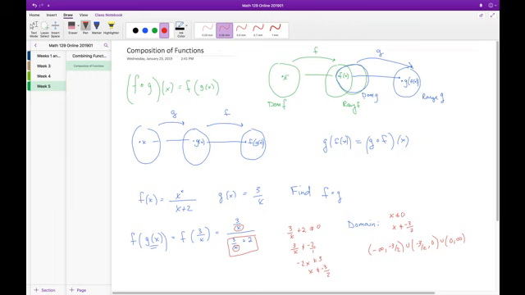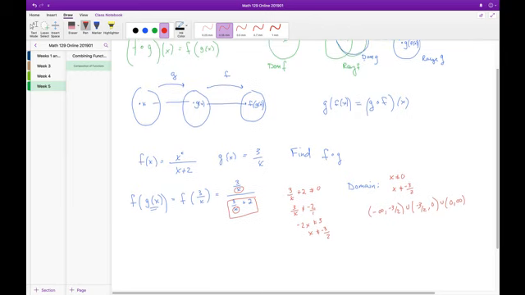Now we can think about simplifying this or just making it look a little bit prettier. So to simplify this, we have 3 over x. I would get a common denominator in the denominator. So we could say that this would be 3 over x plus, multiplying this by x over x, we would have 2x over x.